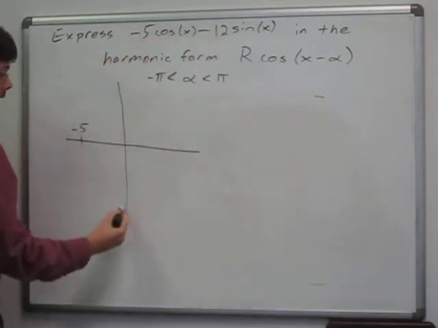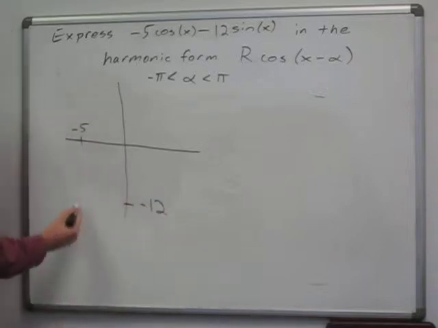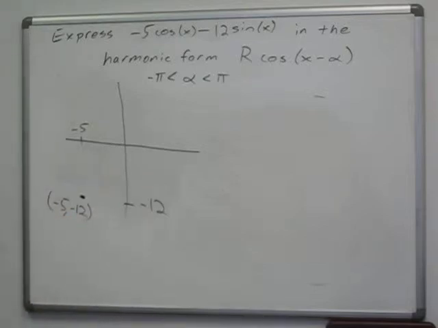Coefficient on the sine is negative 12. So now I'm working with a point in the third quadrant. So here's my reference right triangle. By the Pythagorean theorem, the hypotenuse is going to be 13. That's going to be our r.